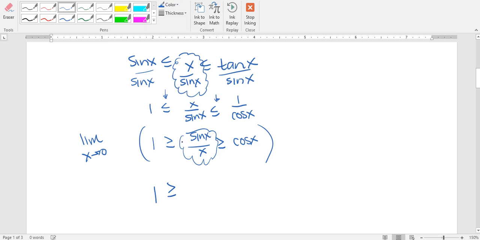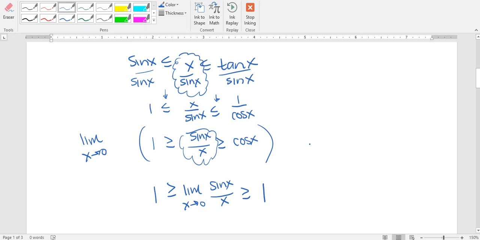We don't really know what this limit is, so we're going to leave that function alone. This is what we're trying to figure out. We don't know what it is. But what we can do is figure out the limit as x approaches 0 of cosine of x. Notice how direct substitution would work in this case. Cosine of 0 is 1.